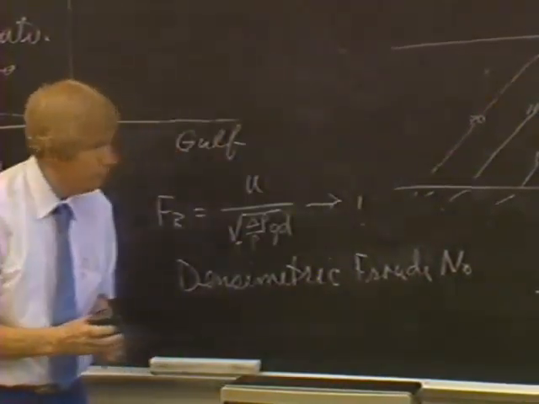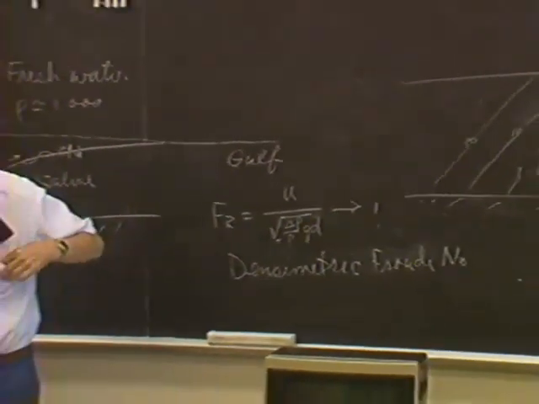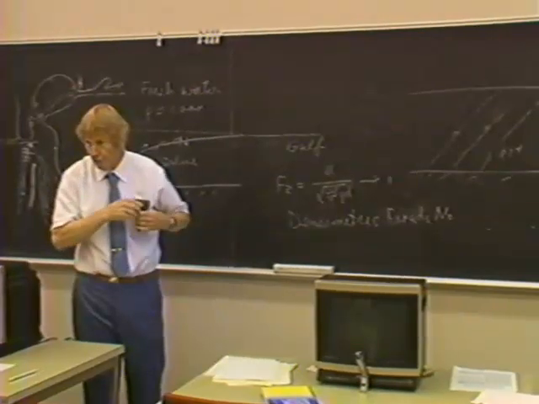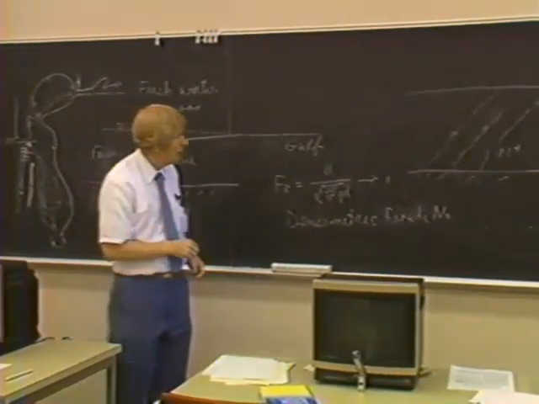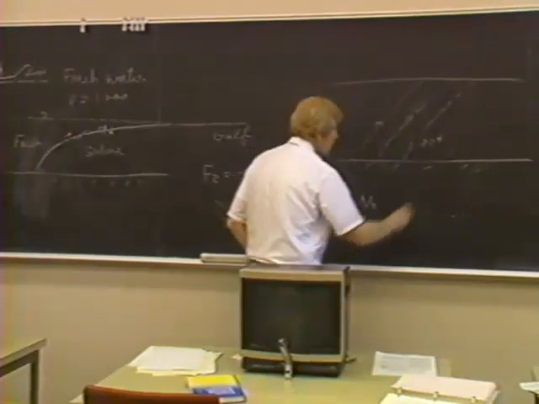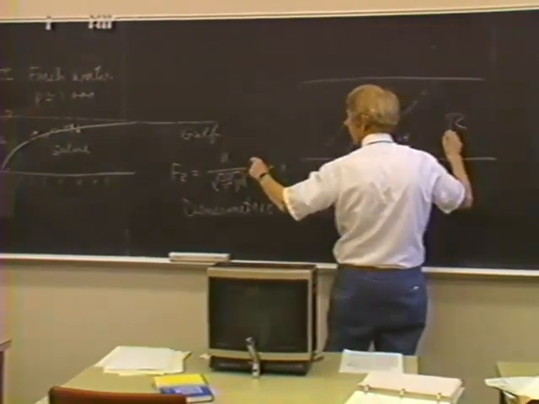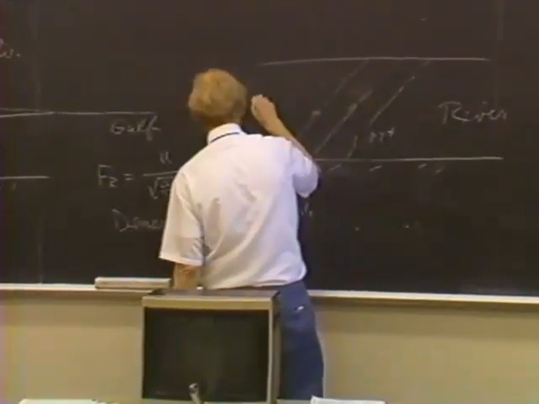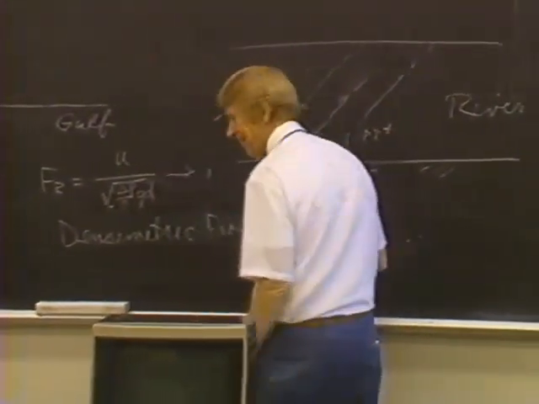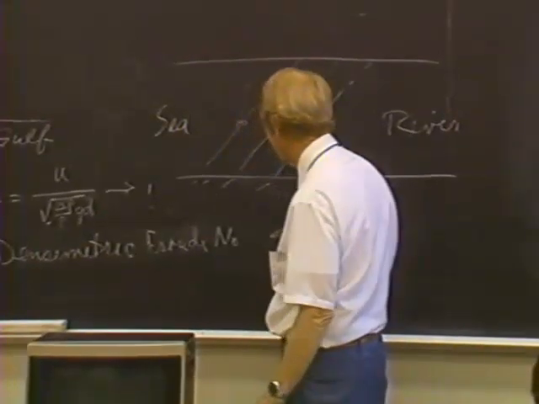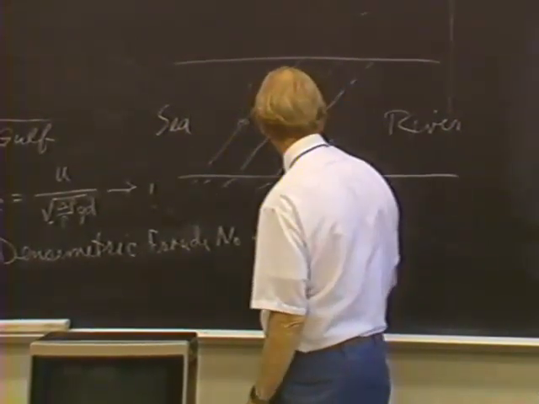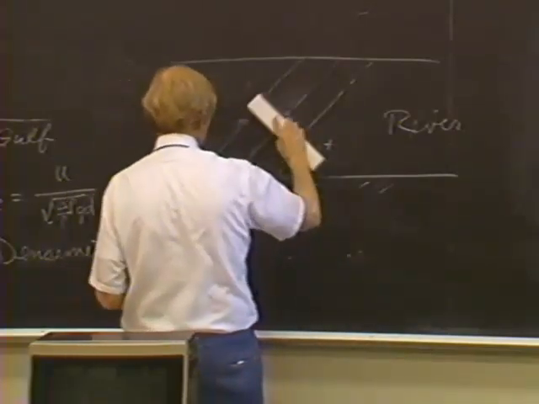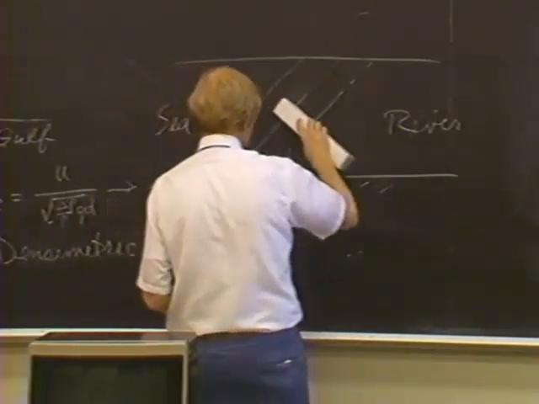That's parts per thousand? Parts of what per thousand? One part sea salt. Is that backwards then? Wouldn't it be higher to the left? Oh, yeah, this is river, and I have it backwards there. Thank you. And this is sea. I still have the numbers backwards.